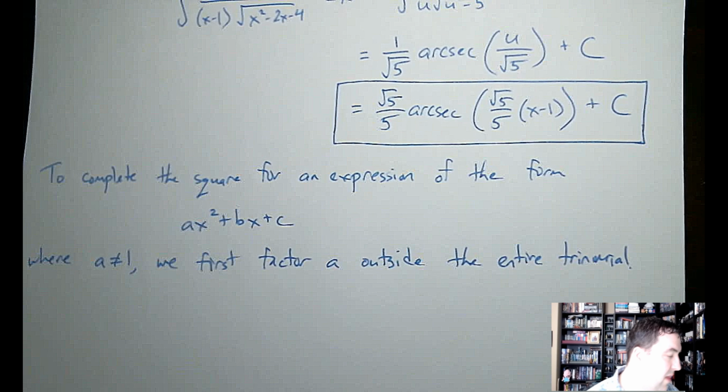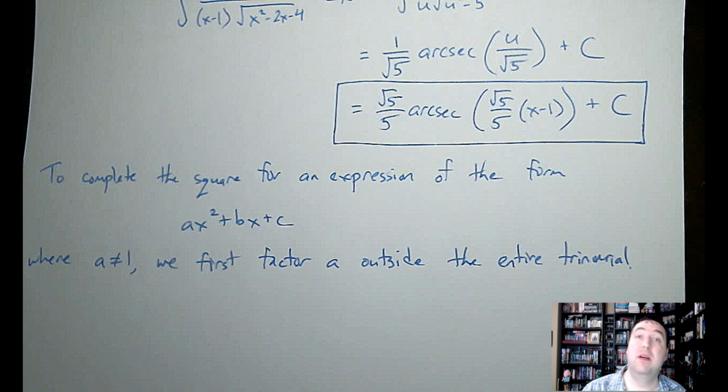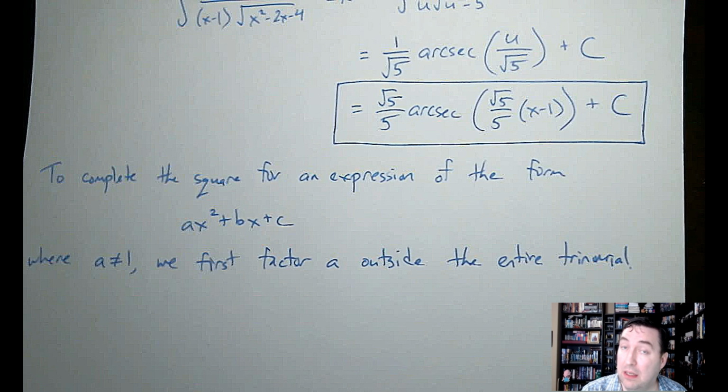So in other words, then we'll have a outside of a quadratic expression that does have 1 as its leading coefficient, as the coefficient of x squared.